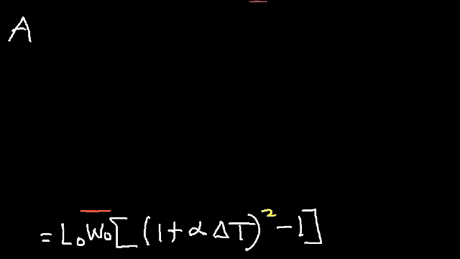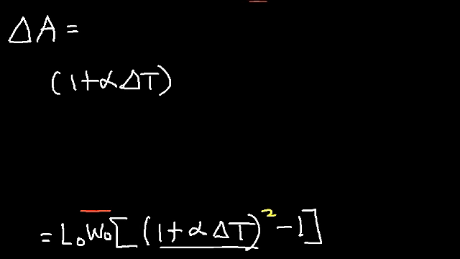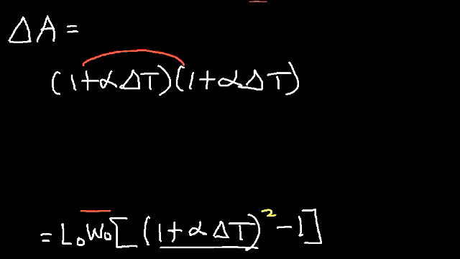So now what we're going to do at this point to find the new delta A, let's FOIL this term. So 1 plus alpha times delta T times another 1 plus alpha times delta T. It's going to be 1 times 1, which is 1.